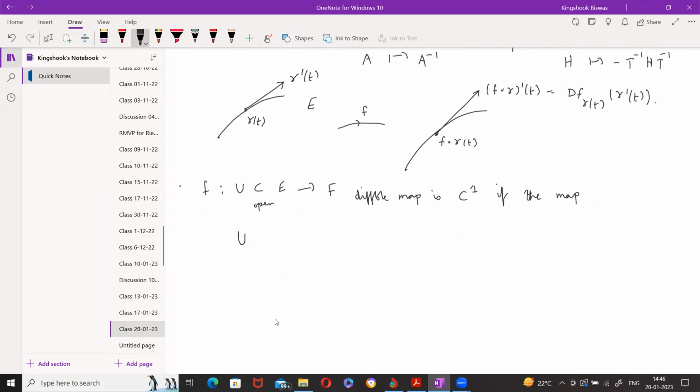So this defines for us a map from U into the normed vector space L(E,F), which is the map P maps to dF at P. I'll say that F is C1 if this map is continuous. Is this clear?